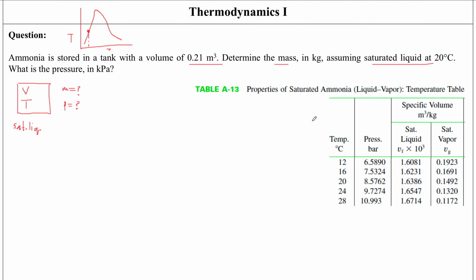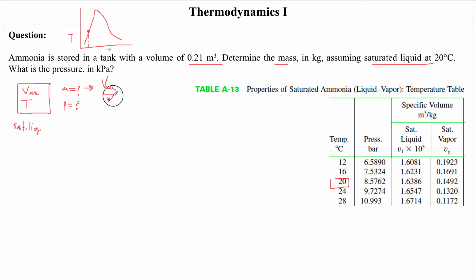I'm going to go across the temperature that is given to me, which is 20 degrees. Across 20 degrees, because I need to find the mass, I can find mass in terms of volume, which is the volume of ammonia given to me, divided by specific volume.